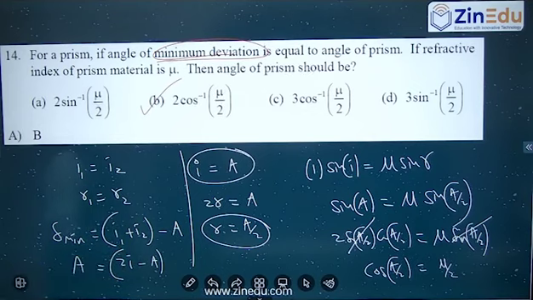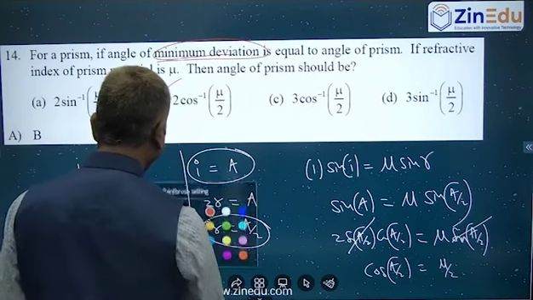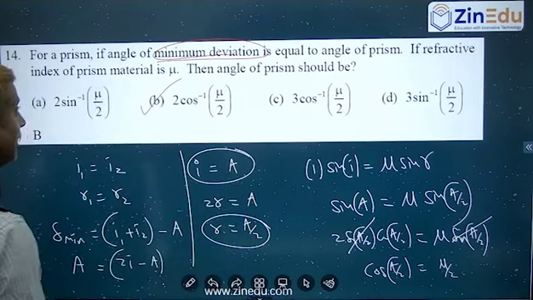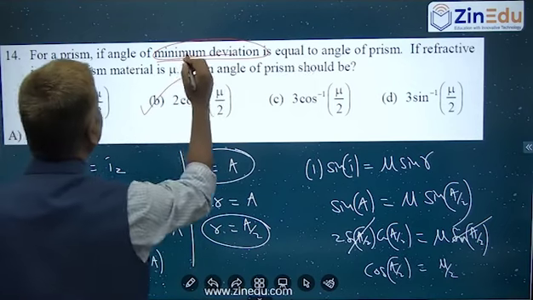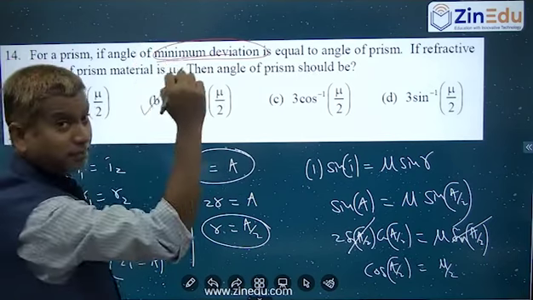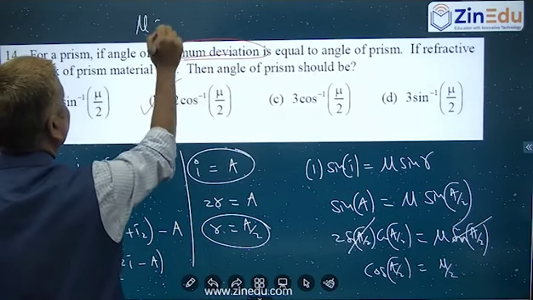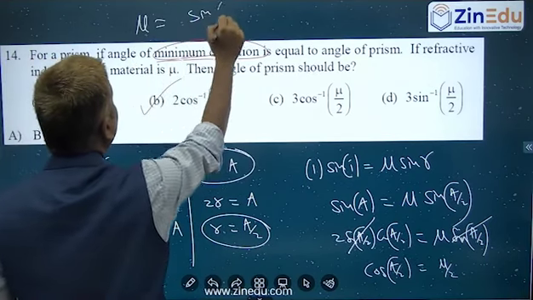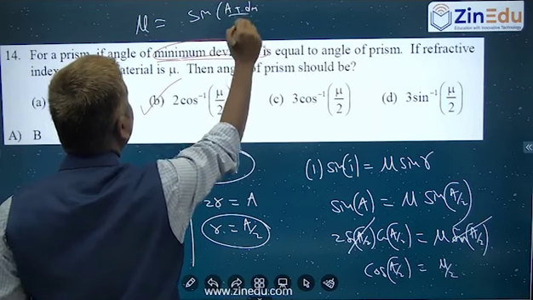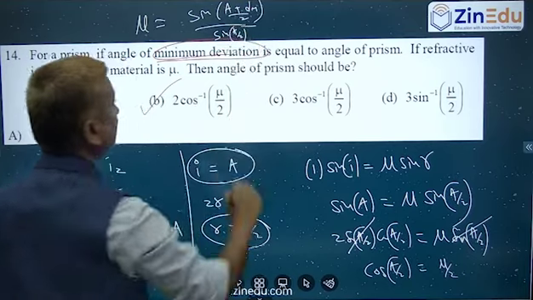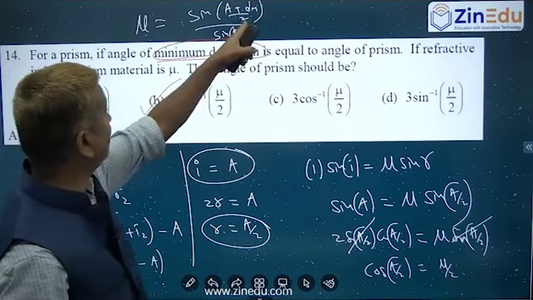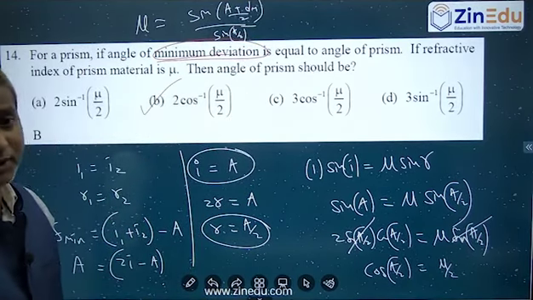Or else one more way you can also do it. If you know the direct formula for minimum deviation, how do you find the refractive index of a prism using minimum deviation? Refractive index of a prism is equal to sine of (A plus Dm) by 2 divided by sine of A by 2. This is the experiment by the minimum deviation method, by which you calculate the refractive index of the prism.